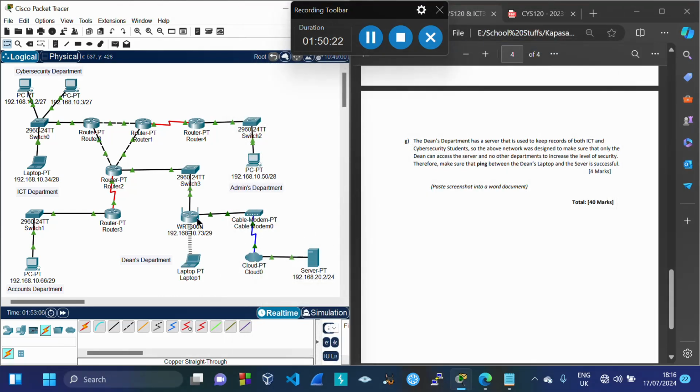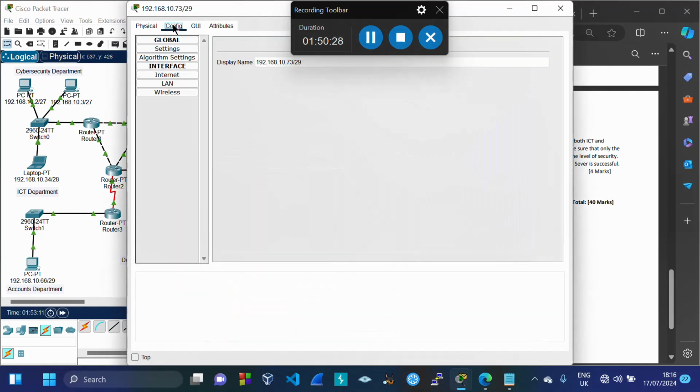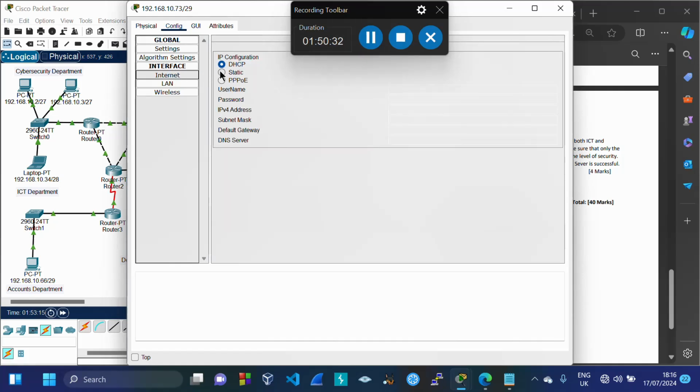So I'll click on this wireless router, then under config, I'll go where it says internet because I want to access the internet. I'll choose static, then I'll put the IP address such as 192.168.20, which is over the internet.